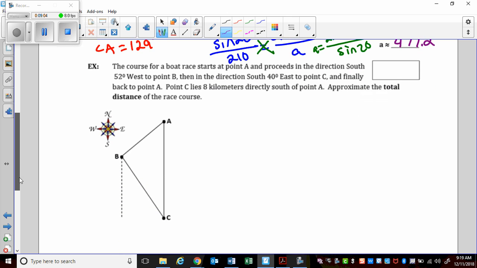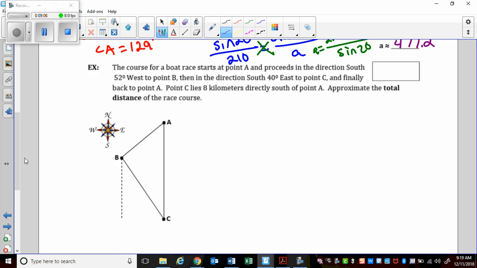All right, the course for a boat race starts at point A and proceeds in the direction south 52 degrees west. So it looks like this is 52 degrees west to point B. Then the direction south 40 degrees east to point C. So this right here would be 40 degrees east.